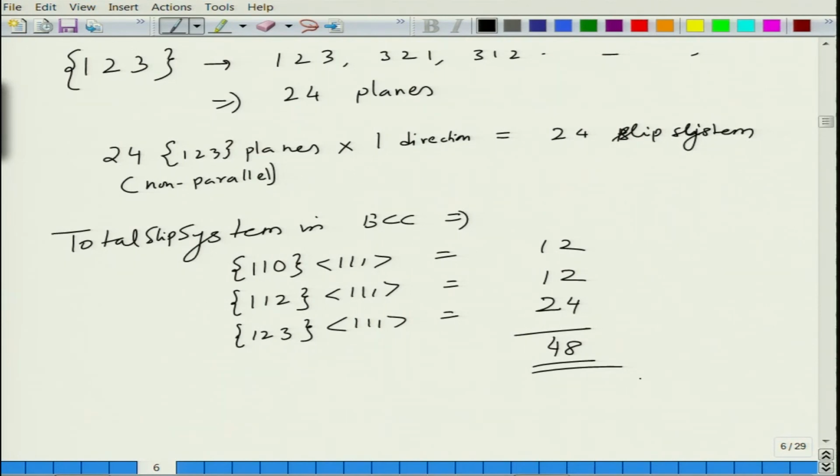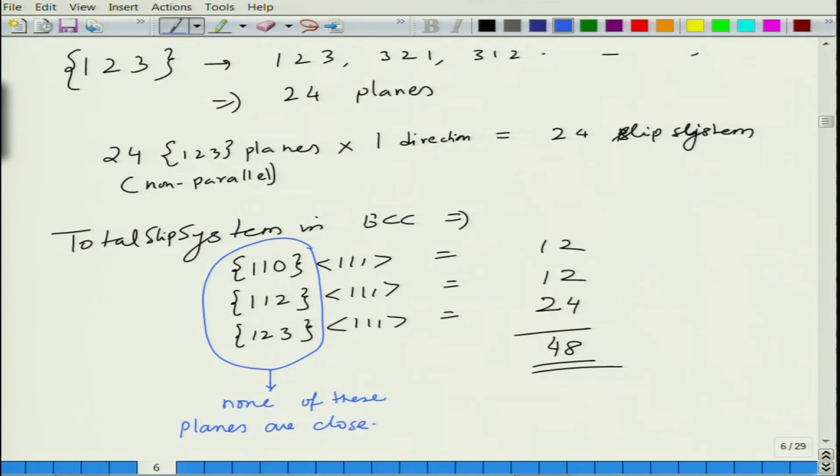The only difference is in BCC none of these planes is close packed, they are the planes with high atomic density. So, none of these planes are close packed, they are the planes which happen to contain close packed direction in them.